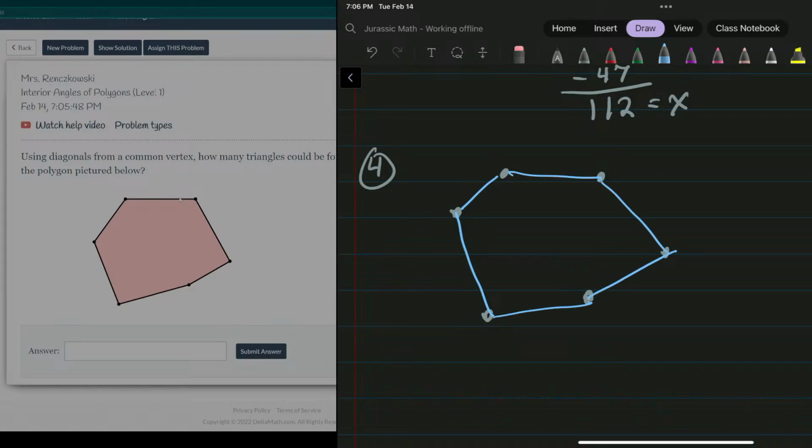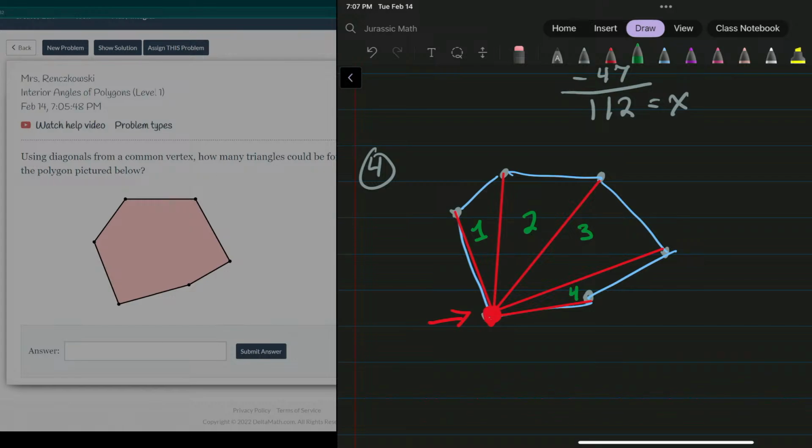That looks gorgeous. They want us to start at 1 dot and just make triangles. So in order to do that, you literally draw a line from that 1 dot to every other dot in the shape. Like this. How many triangles are in there? 1, 2, 3, 4.